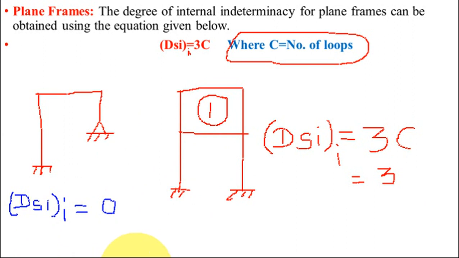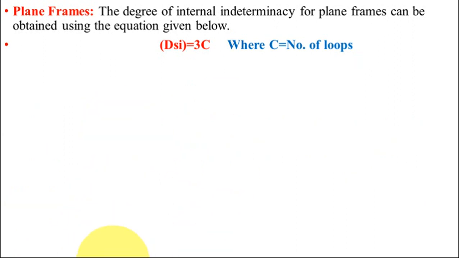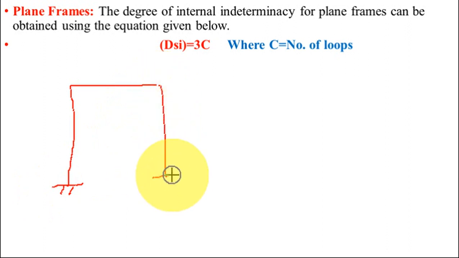Let us take one more example. Now we will consider one more frame. It is very simple to calculate the degree of internal indeterminacy for a frame. Let us consider a frame like this. Now for this frame there are two loops, first loop and the second loop, right?